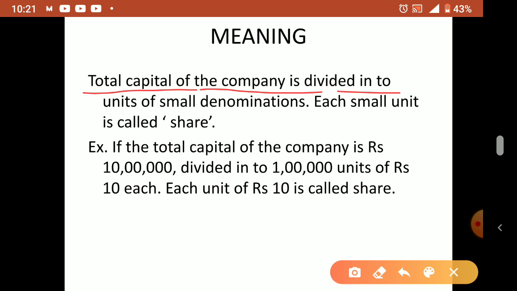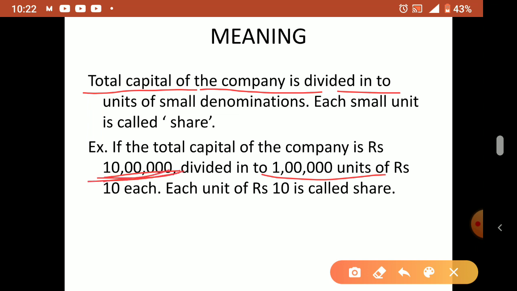Suppose this is the amount, we have to divide it by the face value of a share, the price of one share. So if one share is 10, how many shares are there? Okay. The total capital of the company is, for example, 10 lakh, divided into 1 lakh units. We are saying that 10 lakh money is needed; this is the total capital required, 10 lakh in rupees.